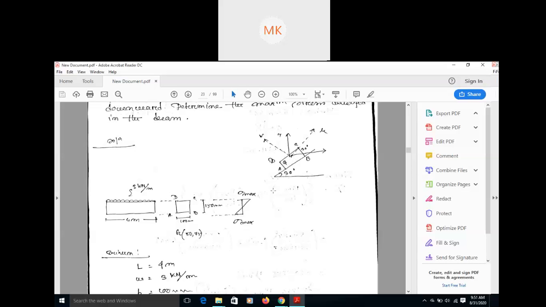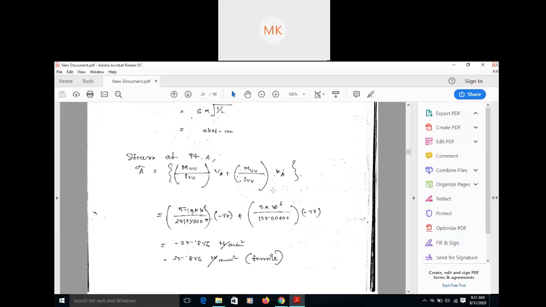According to that, you need to find out the coordinate of that point. Okay, this is U. I think it is not clearly written here. The formula is Muu by Iuu into Va plus Mvv by Ivv into Ua.